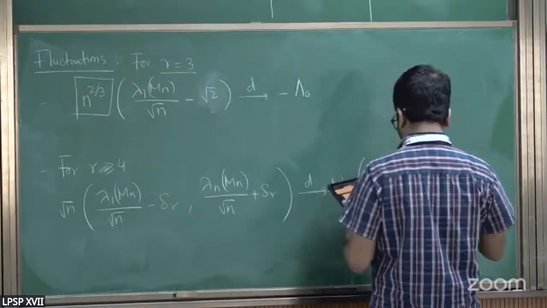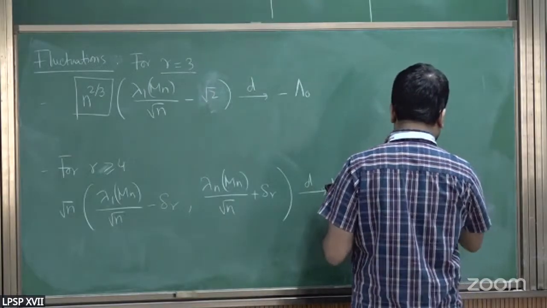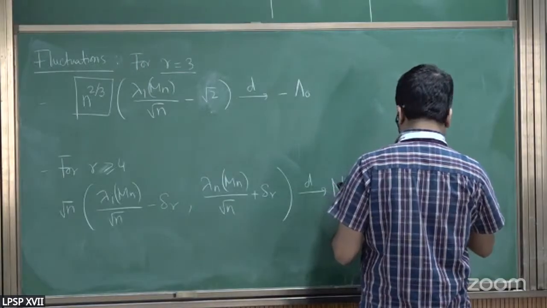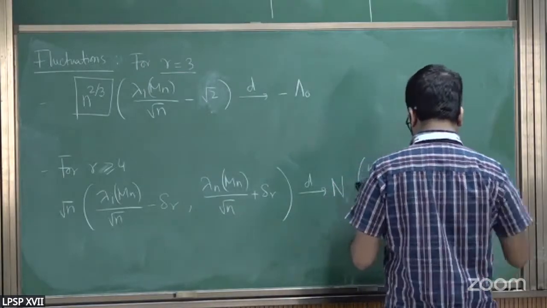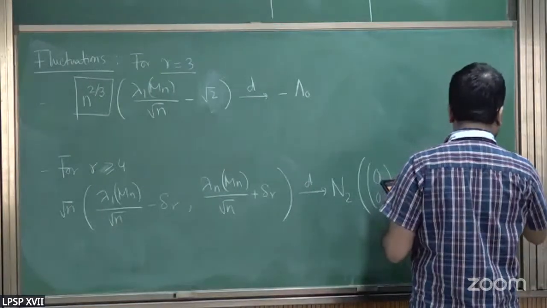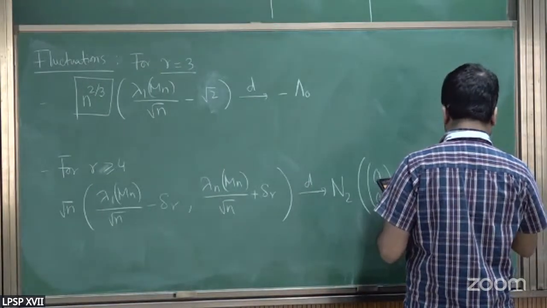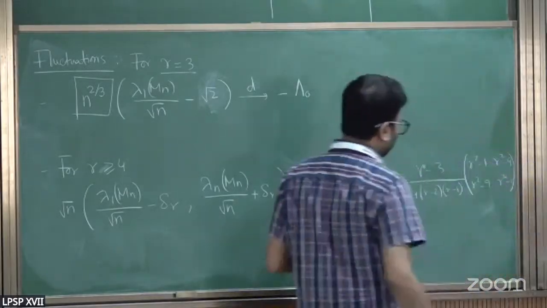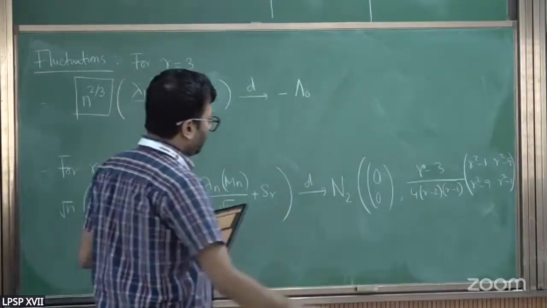And this is the covariance matrix, r minus 3 over 4 times r minus 2 into r minus 1. Okay.